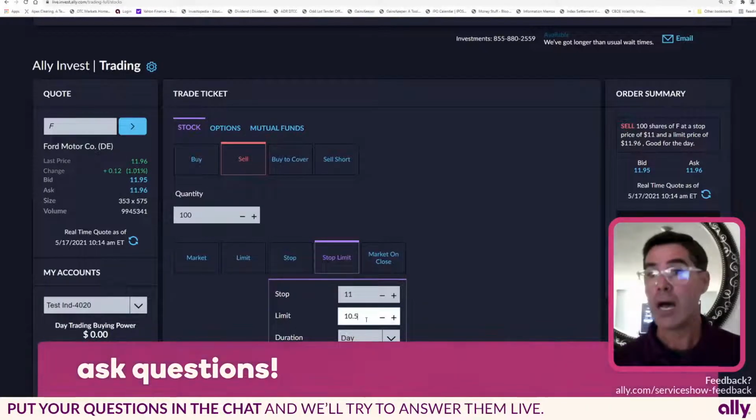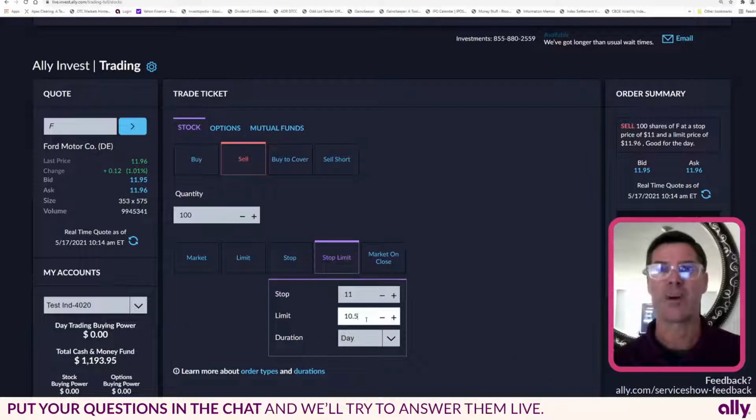Not likely, but possible. And in this case, if you had not put in your limit, you'd be selling Ford at $5. So I know that can get a little confusing, but a stop limit is saying if your threshold is reached, you want to receive at least $10.50. A plain old stop says if my threshold is reached, I'll take whatever the market is willing to pay for my holding. And I hope that clears up the distinction between the two.